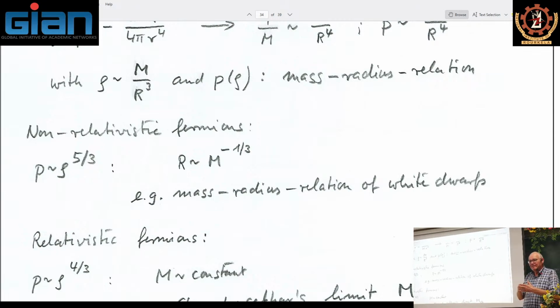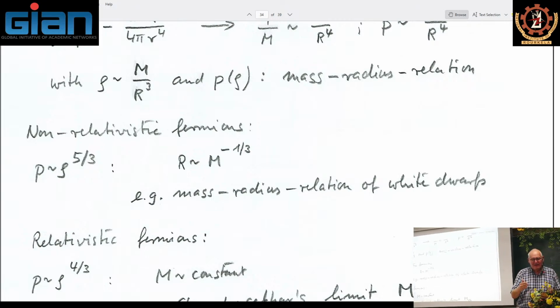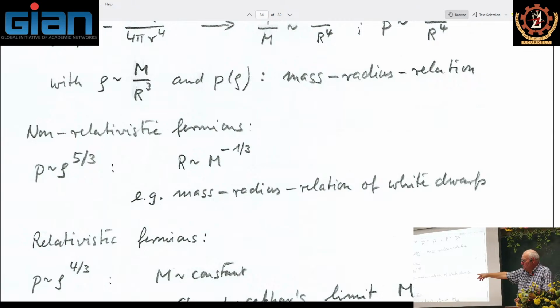So gravity will be smaller, and pressure will push it back, we come to this in a moment, so the star will expand. If the mass is bigger than this value, then gravity will always be bigger than the pressure gradient, and the star will collapse.